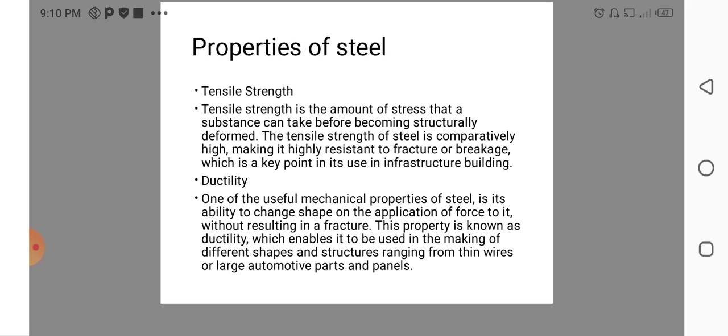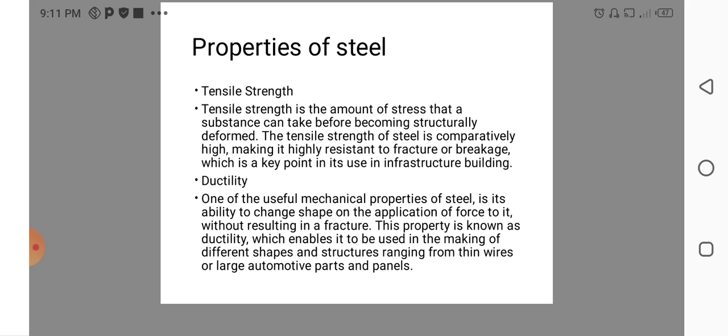Tensile strength is the amount of stress that a substance can take before becoming structurally deformed. The tensile strength of steel is comparatively high, making it highly resistant to breakage, which is a key point in its use in infrastructure building.